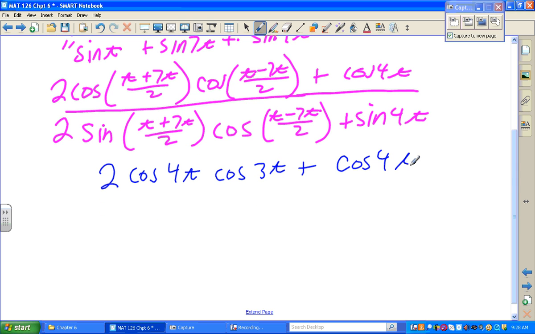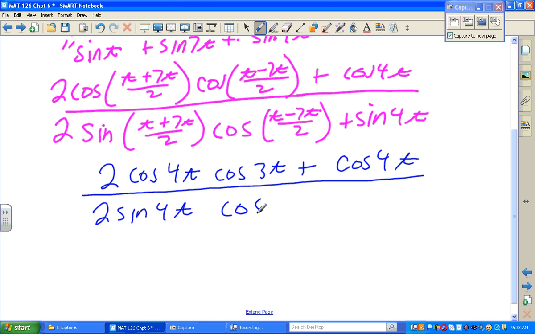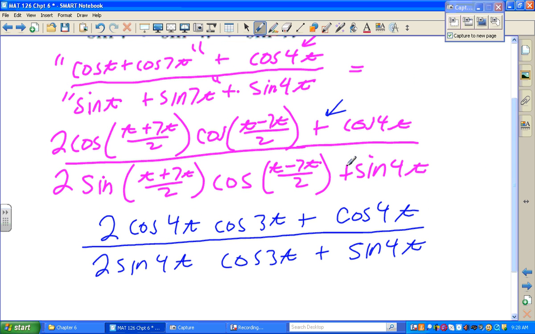Plus cosine 4t, all over 2 sine of 4t, cosine of... Oh, you can't cross anything out because you have this plus sign. It's not all multiplied. Yes, Marissa?